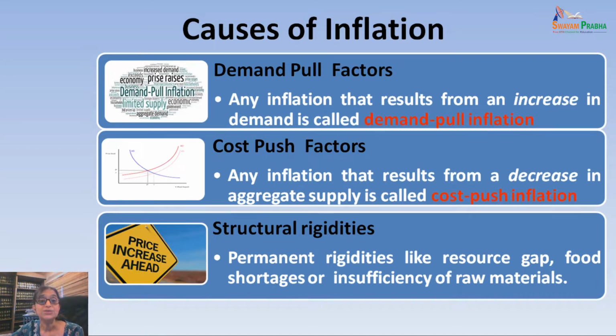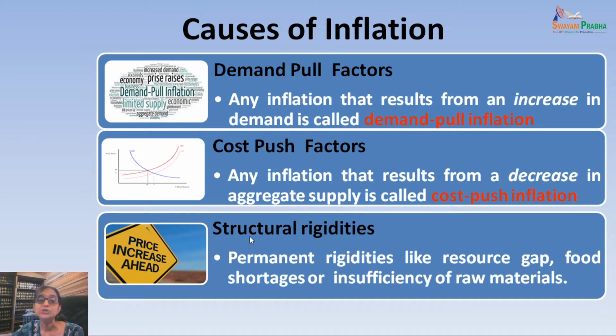So the second factor which can lead to inflation is that due to the aggregate supply changing, a decrease in aggregate supply, an increase in the cost of production, which is termed as cost push inflation, also is a very pertinent cause of inflation. Then with respect to the developing economies, it is argued that structural rigidity, certain built-in bottlenecks, are there which prevent the economy from fulfilling the demand.